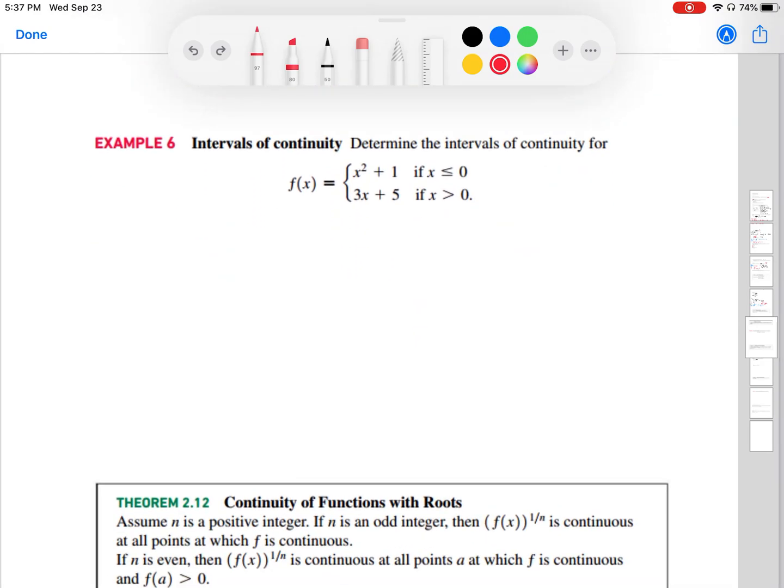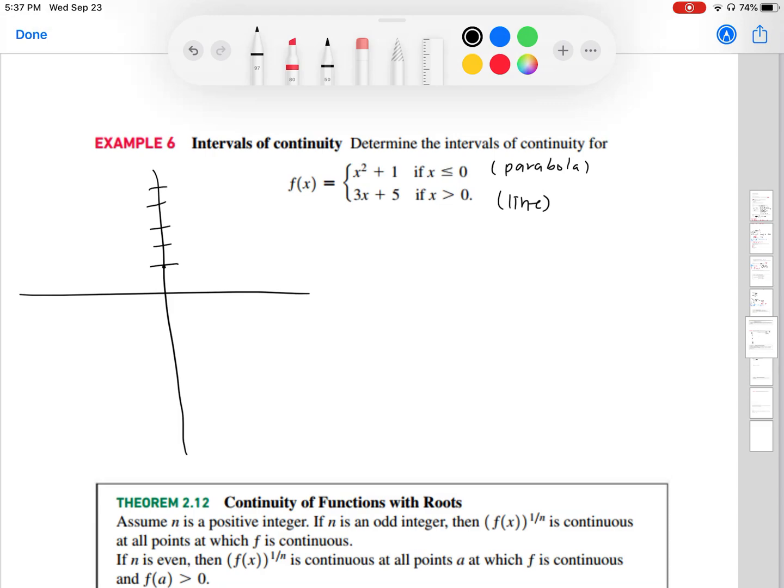So I'm looking at this piecewise function, and I don't know if you want to graph it. Let's go ahead and do a quick sketch. I know this first one is a parabola, and this bottom one is a line. The parabola is shifted up one, and 0 is included, and only 0 and numbers less than 0.